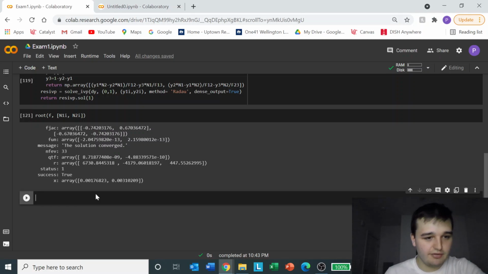So now we have the correct molar fluxes that correspond to the 0. We found the molar fluxes at which the mole fractions at 1 should be 0.